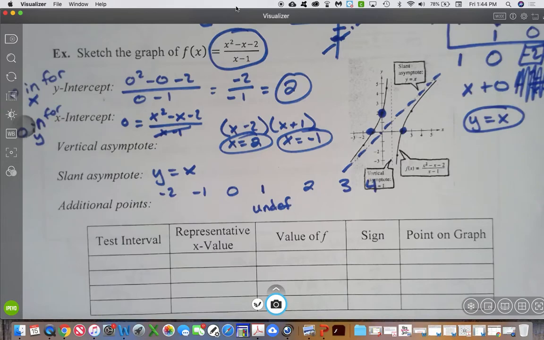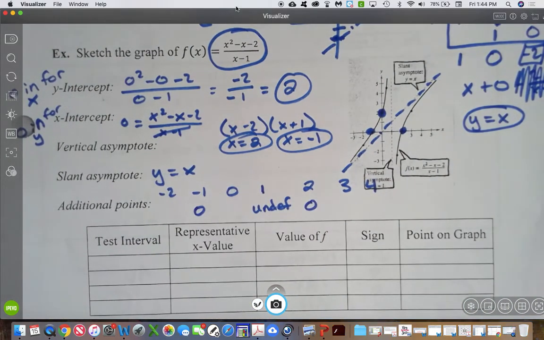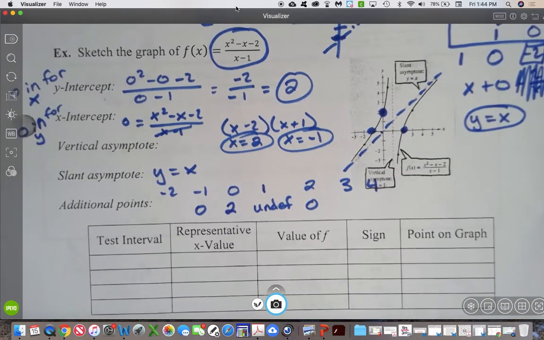Okay? So, what are some other points that I already know on here? I know that zeros occur at where? 2 and -1. So this is 0 and this is 0. But if I plug 0 in for x, we already know that one also. That's 2. If I plug in like -2 and 3 and 4, it will give me some additional points on here.